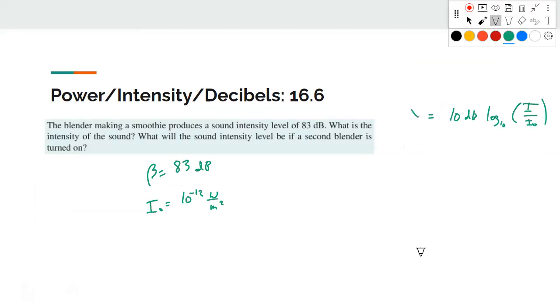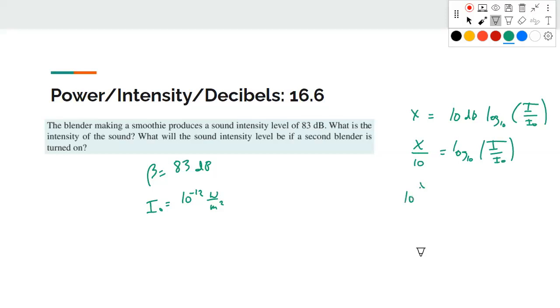So let's call this side X for now, just to make our lives a little easier. So we can solve this for I, and we'll have X over 10 equals log base 10 of I over I naught. And then we have to exponentiate both sides to base 10.